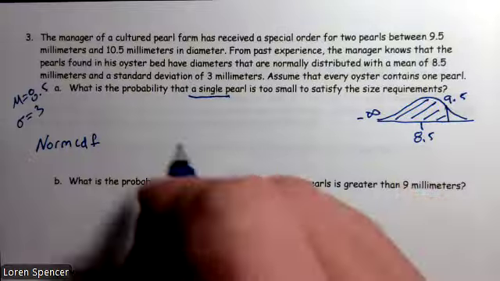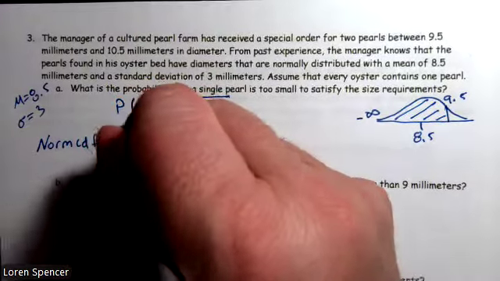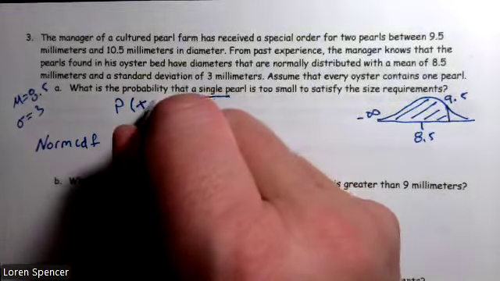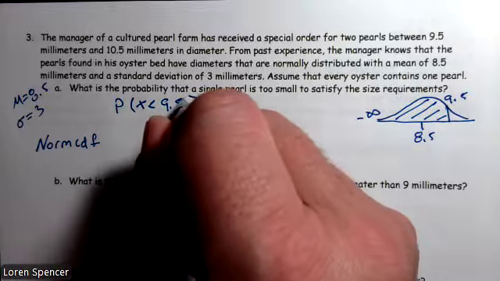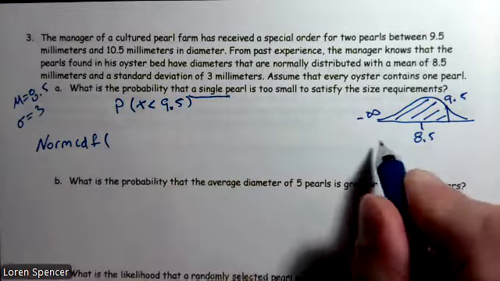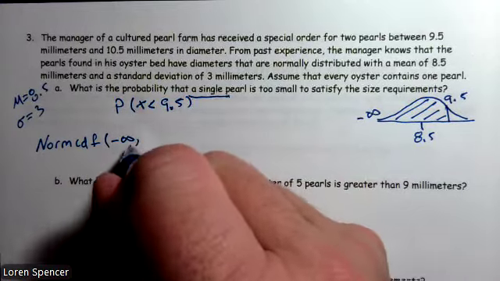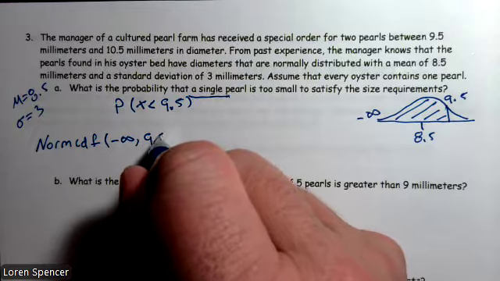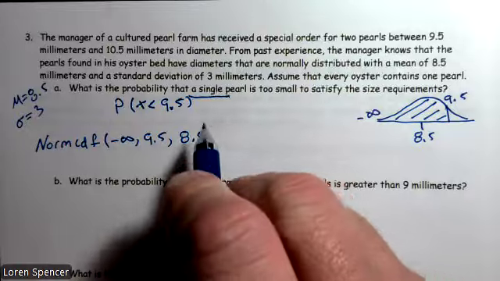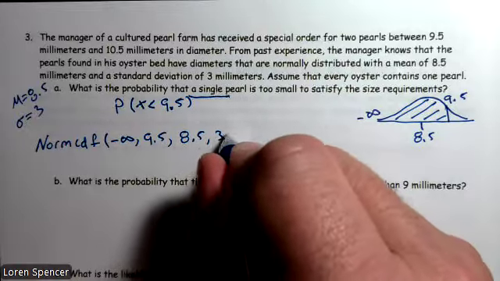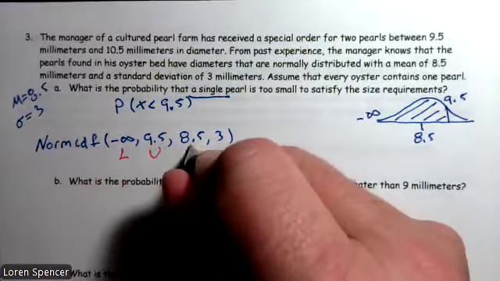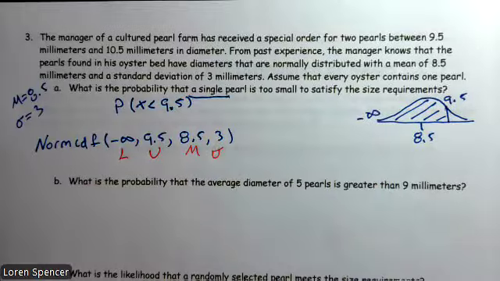So our probability statement is the probability that X, our single pearl, is less than 9.5. So norm CDF, lower bound negative infinity, upper bound 9.5, mean is 8.5, and our standard deviation is 3. So there's our lower, upper, mean, standard deviation.